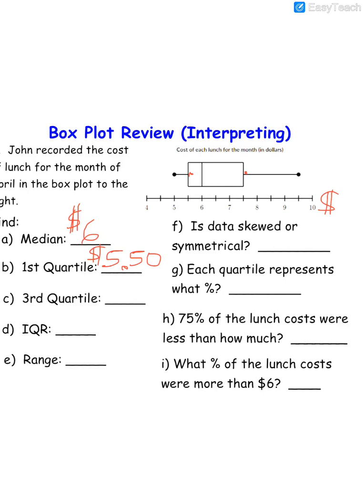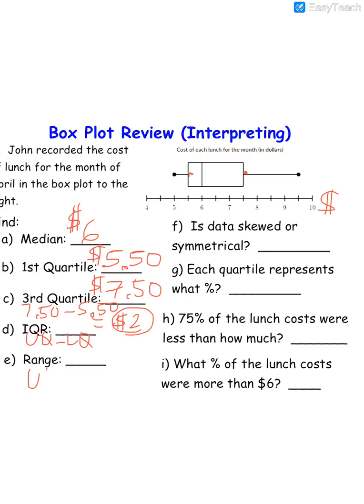The third quartile is over here in between 7 and 8, so I'm going to go with $7.50. The IQR is my UQ minus my LQ, or my third quartile minus my first quartile, so $7.50 minus $5.50, and that gives me $2.